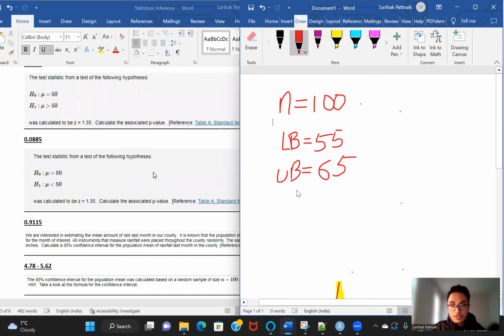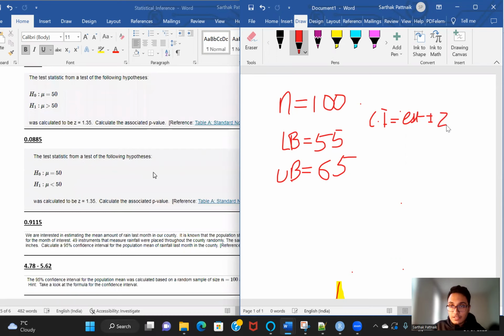Okay. So, confidence interval, as we have just seen, is estimate plus and minus my critical value.